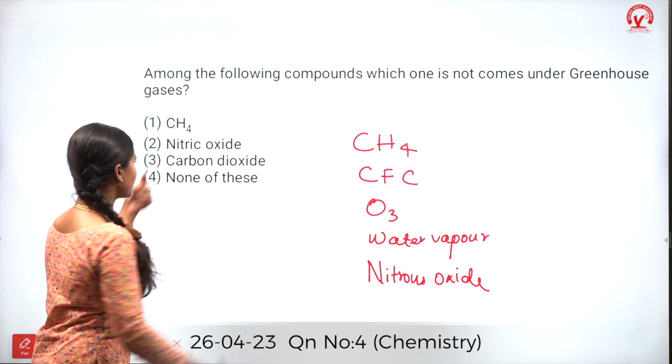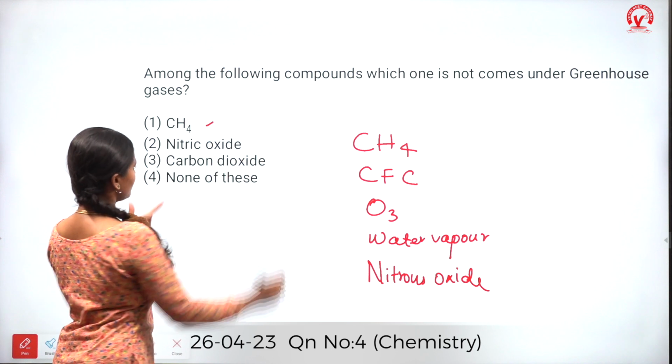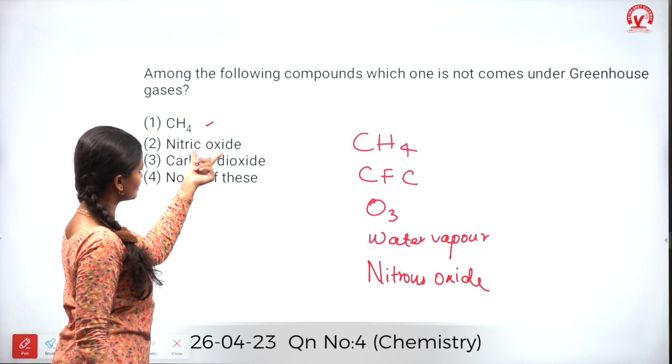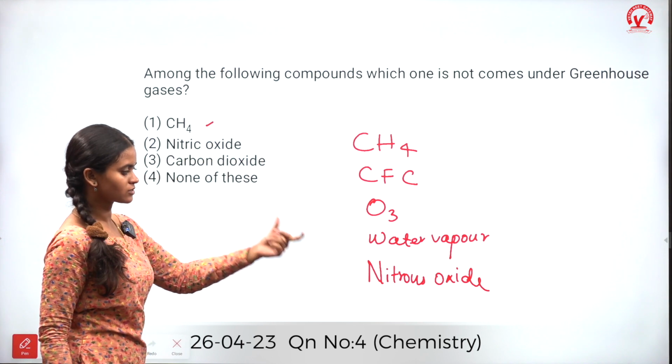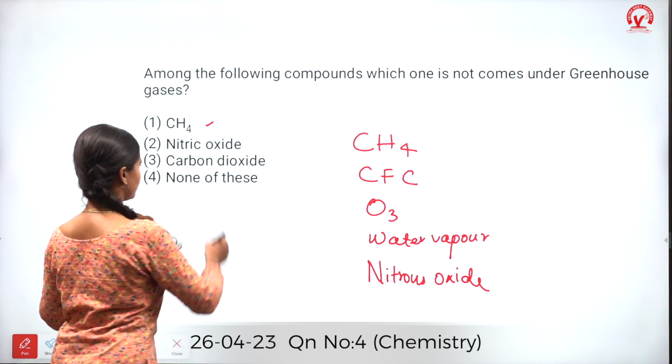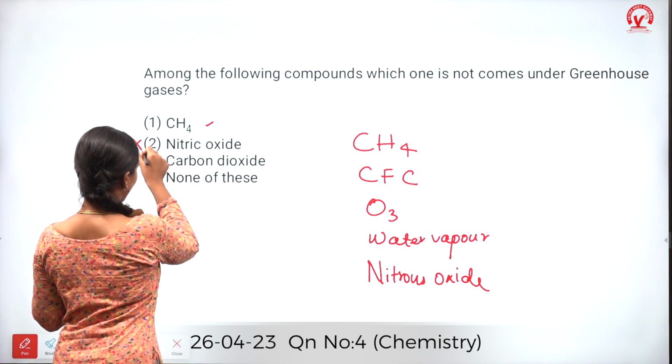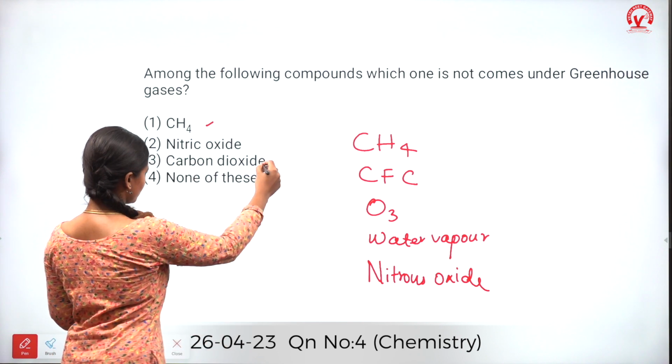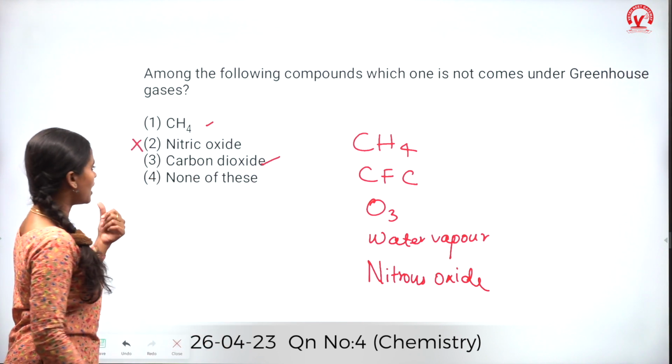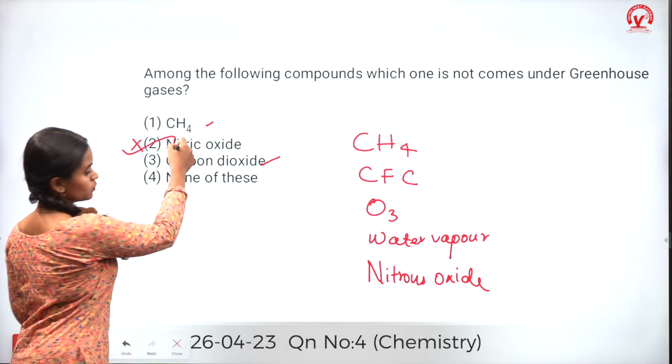Here methane is present. Nitric oxide, this is not nitric oxide; only nitrous oxide comes under greenhouse gases. So this is the wrong one. Then carbon dioxide is also present. So the answer is option 2.